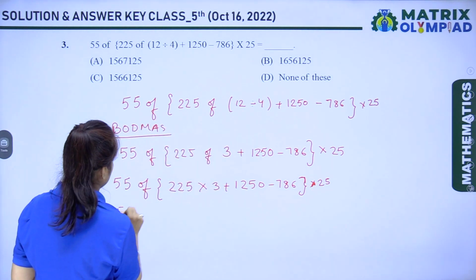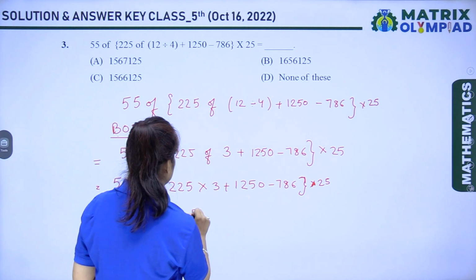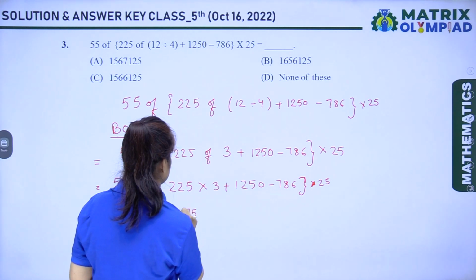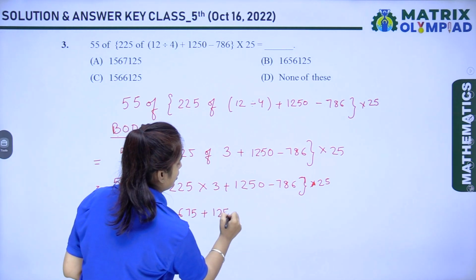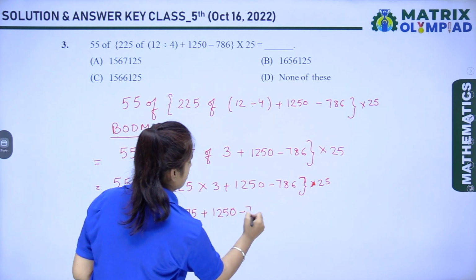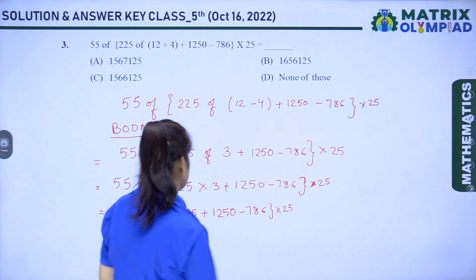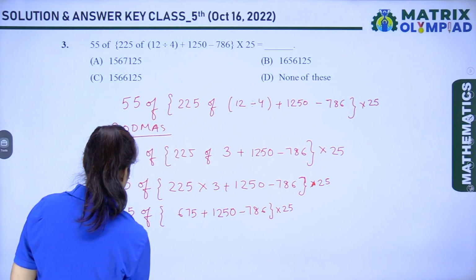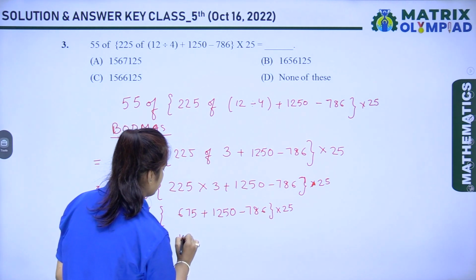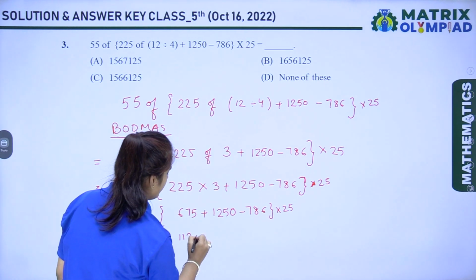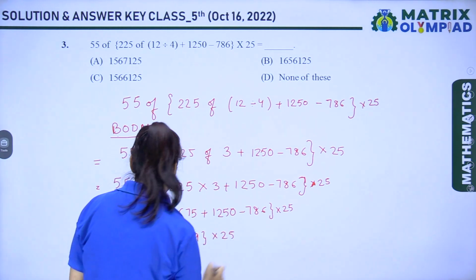Now let's begin by solving the bracket. 675, and 1250 minus 786. After solving the bracket, we get the total 1139 multiplied by 25.